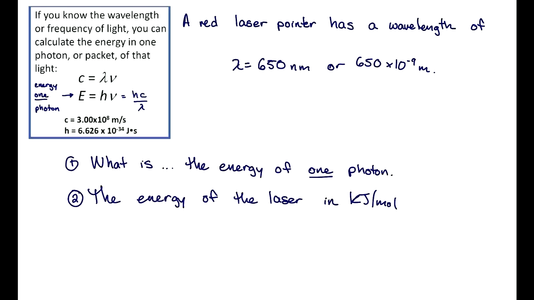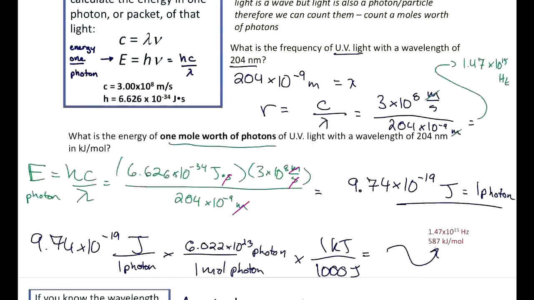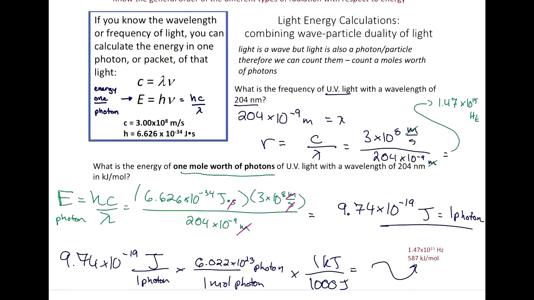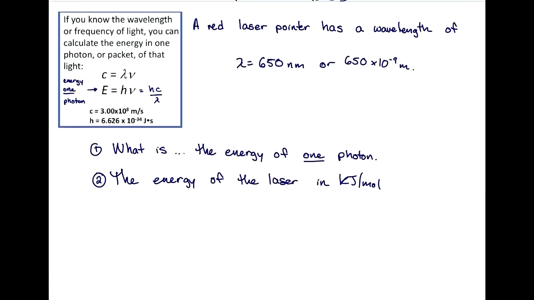So let's do one more example. We left off using our wavelength equations and Planck's constant to understand the relationship between the wave nature of light and the particle nature of light, the photon. This time with a red laser pointer, we can talk about light in terms of its wave properties, but also its particle properties.